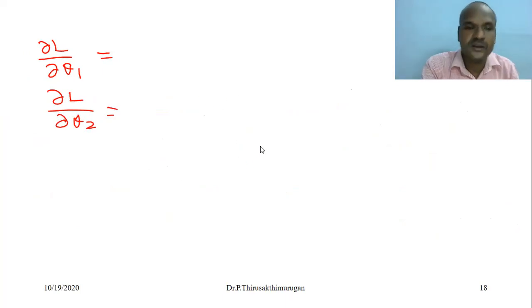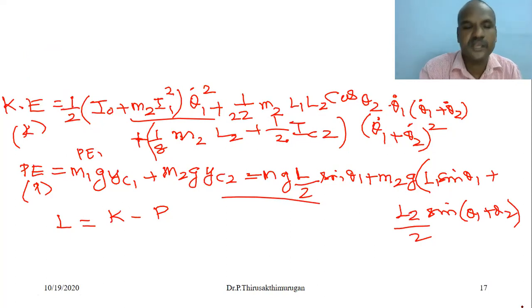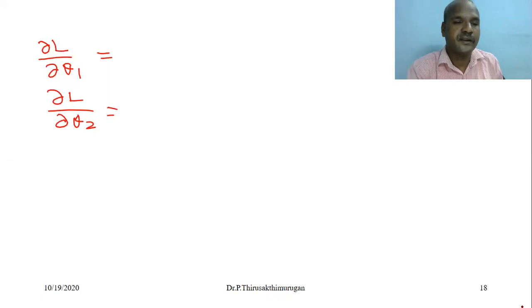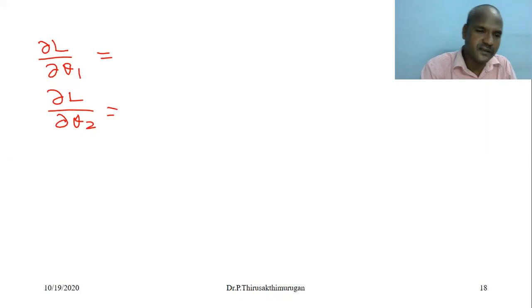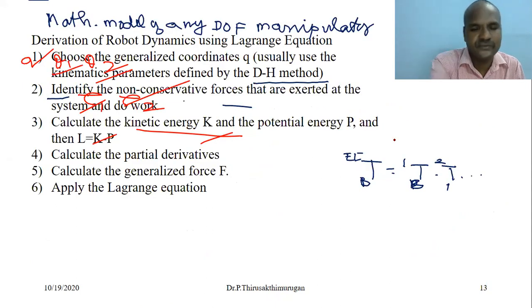We already found the kinetic energy and potential energy equations, so using these two sets of equations, differentiate L partially. Once you do this partial differentiation, we can calculate the generalized force.